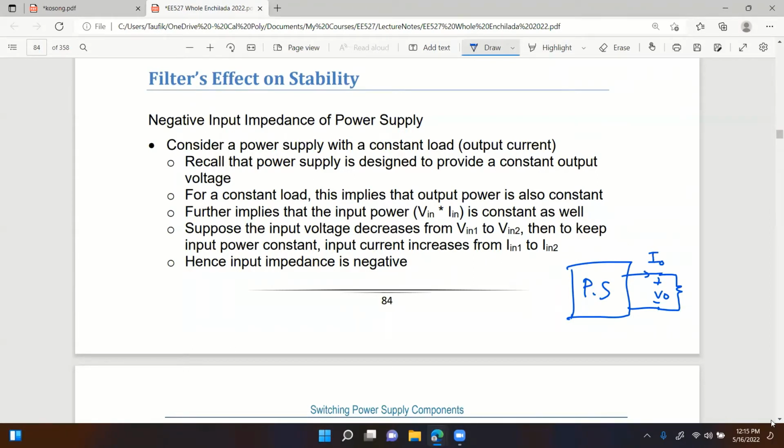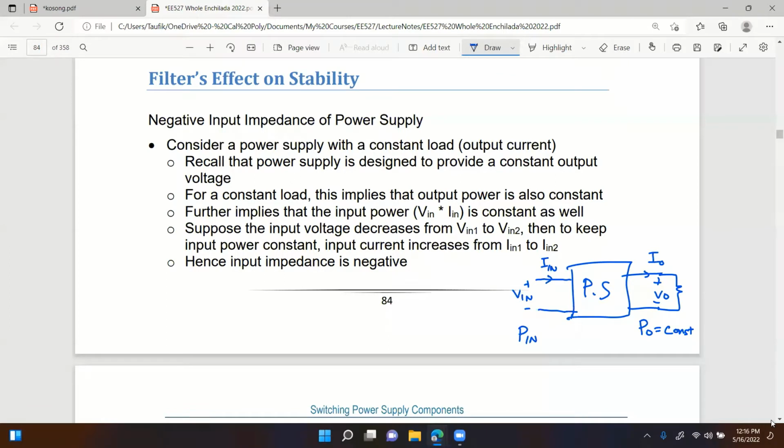If you have constant both current and voltage on the output side, that means P out is also constant, right? So P out is also constant. Okay, and then per given input voltage, if P out is constant, P in will also be constant, right? So I in is constant as well, right? That's steady state.